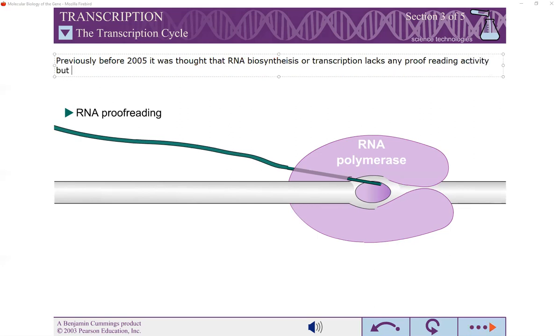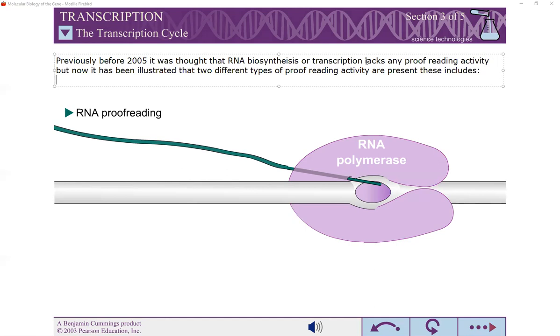But now it has been illustrated that two different types of proofreading activity are present. These include the following types.